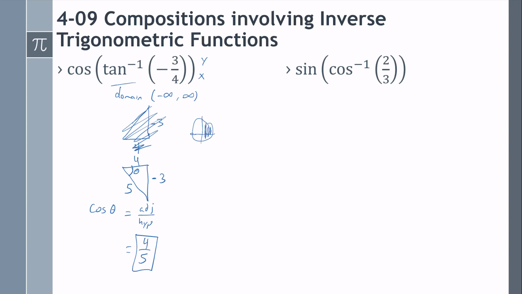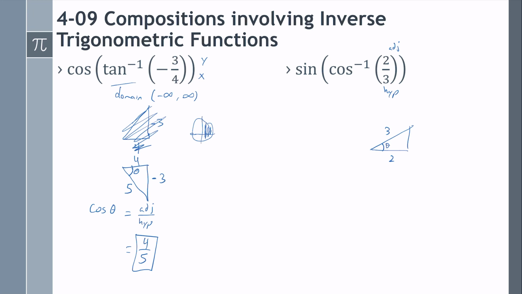Let's try another. All right, again, this is not on a unit circle, so maybe we can use a triangle where cosine is the adjacent over the hypotenuse. So the adjacent is 2, hypotenuse is 3.